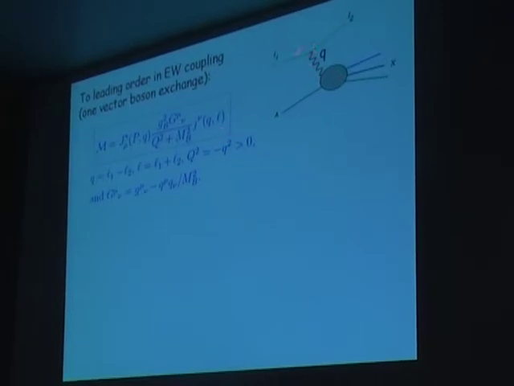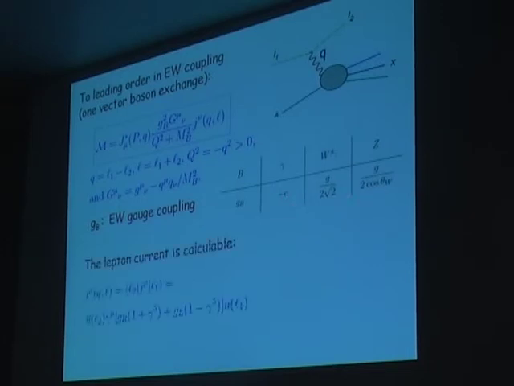You have a lepton vertex, a hadron vertex, and the propagator, 1 over the propagator, and because this is vector, there's a certain vector structure to that. The gauge coupling constant, depending on whether you have the gamma, W, or Z, is given by the unified electroweak theory.